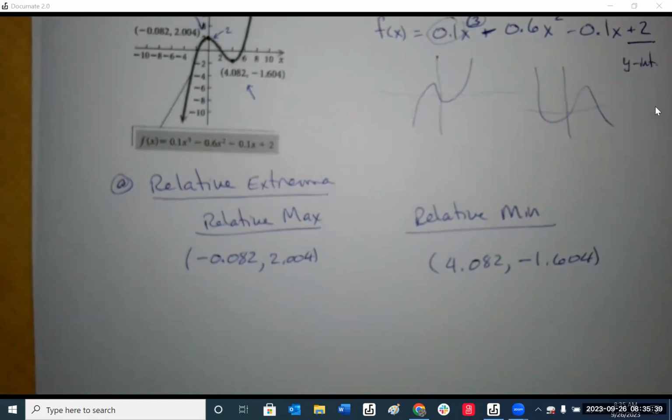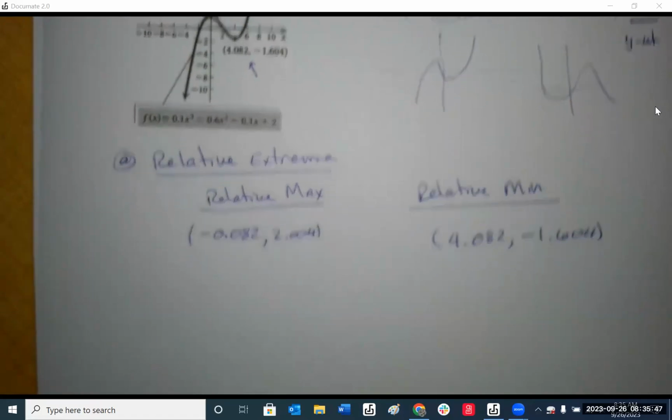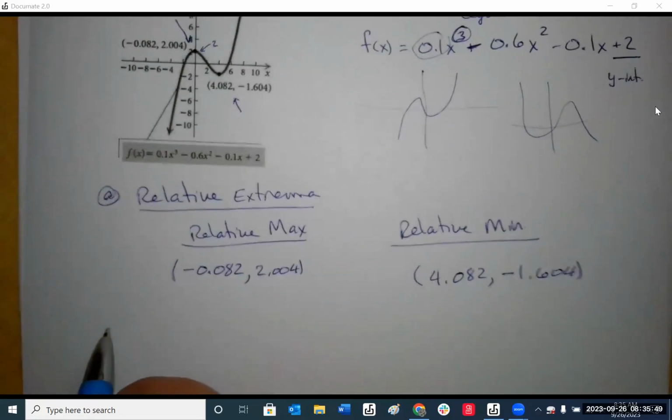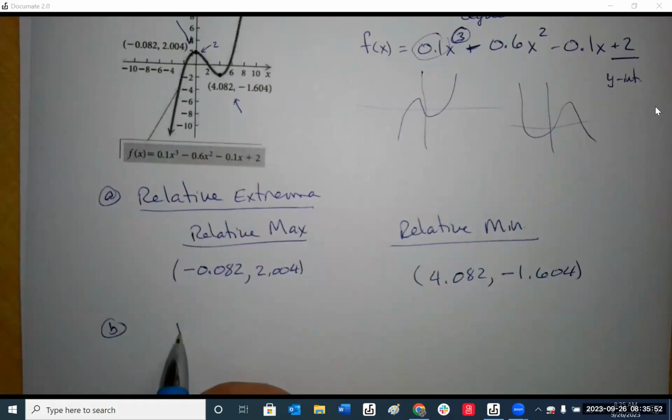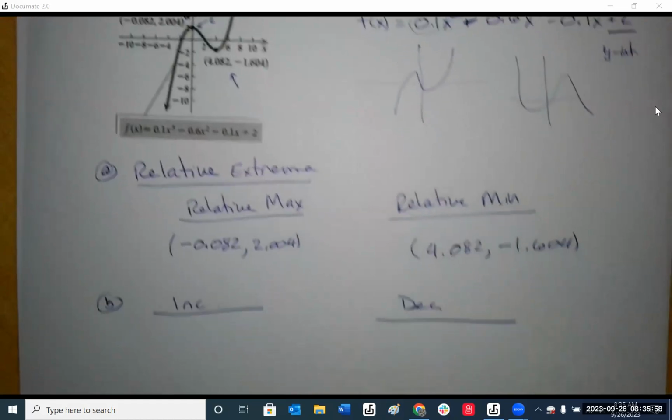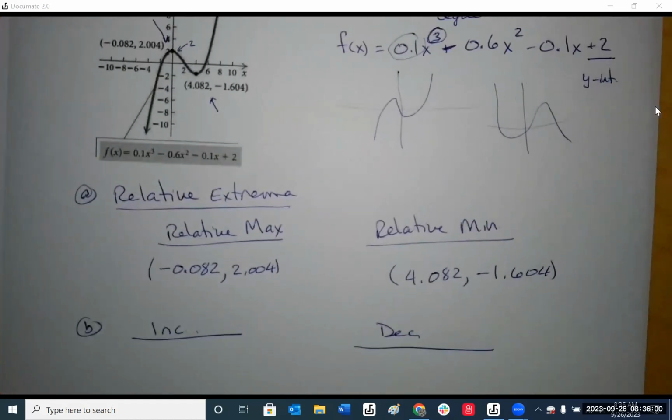Now, since we have relative maxima and minima, and they're not the same points, that means we have to have places where we have increasing or decreasing functions. Where is it increasing and where is it decreasing?